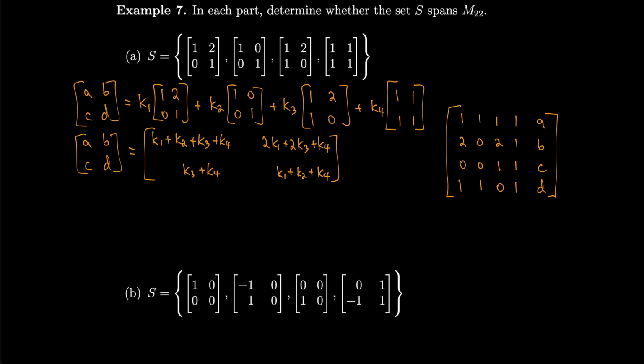So the determinant would be the determinant of 1, 1, 1, 1, 2, 0, 2, 1, 0, 0, 1, 1, 1, 1, 0, 1.